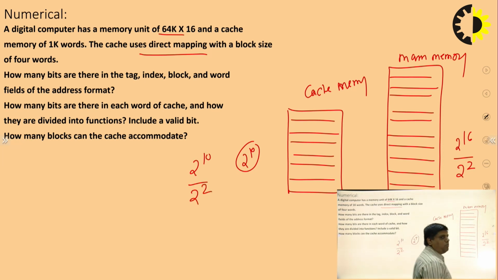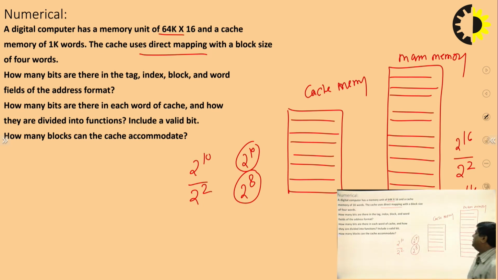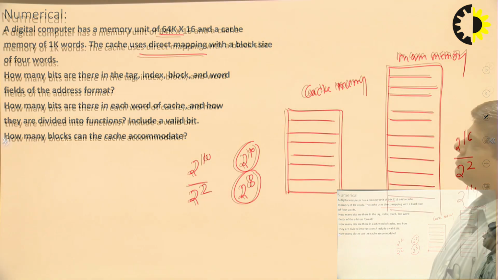Then how many blocks are available in the RAM and how many blocks are available in the cache? 2 to power 14 blocks are available in the main memory and 2 to power 8 blocks are available in the cache memory.